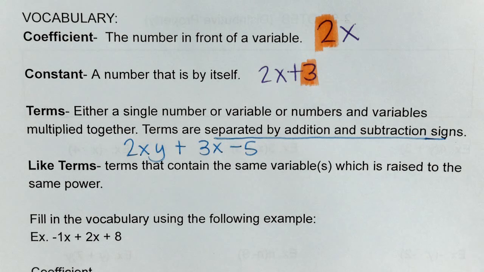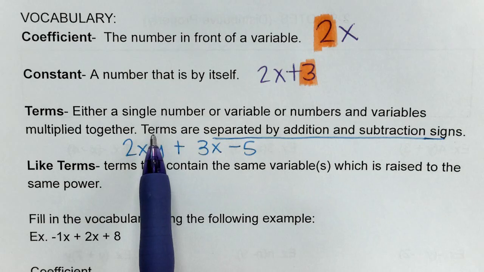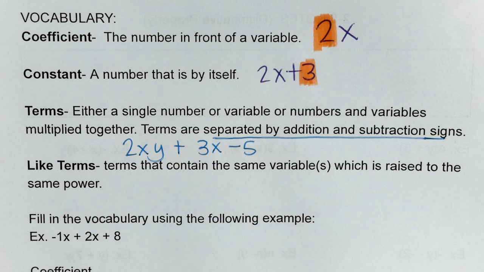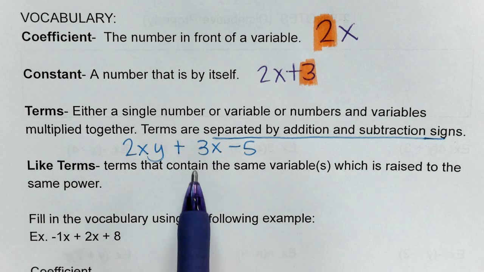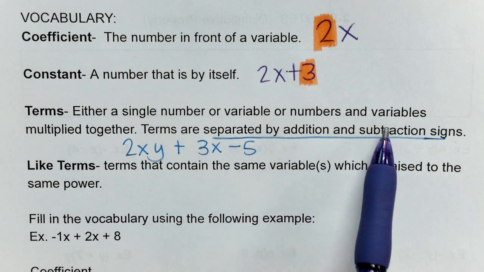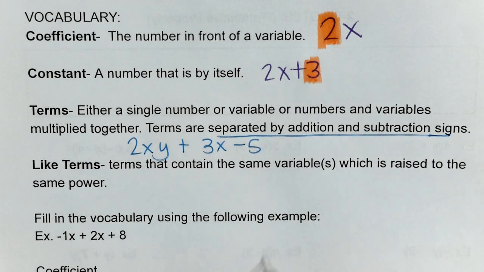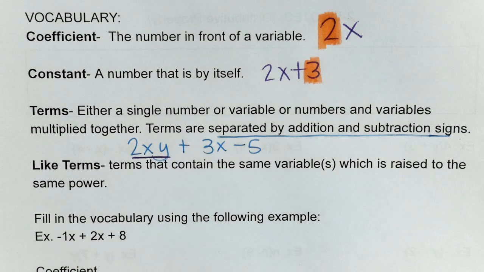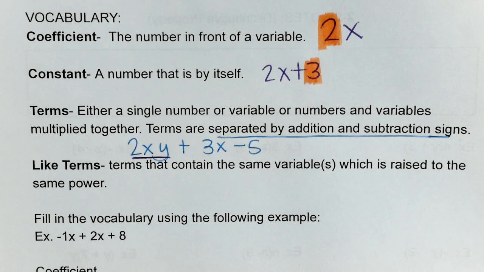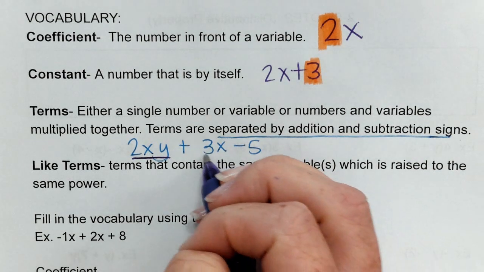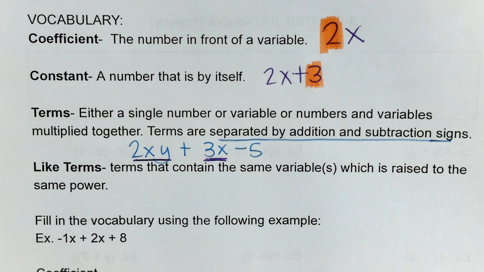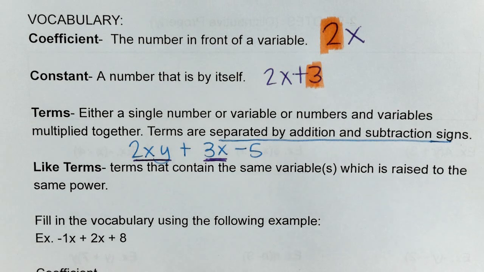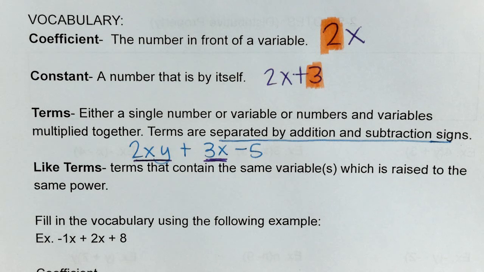How many terms do you see based off of what this says? They are separated by addition and subtraction signs. So 2xy is a term. What else? 3x is a term. What else? Is this a positive 5 or a negative 5? Okay, let me rephrase my question.